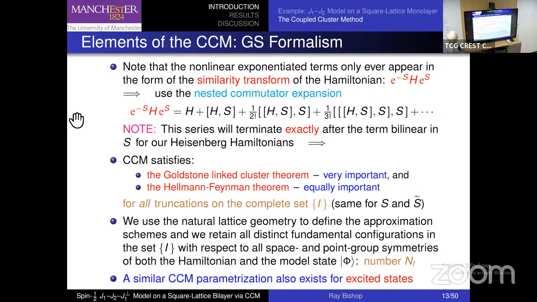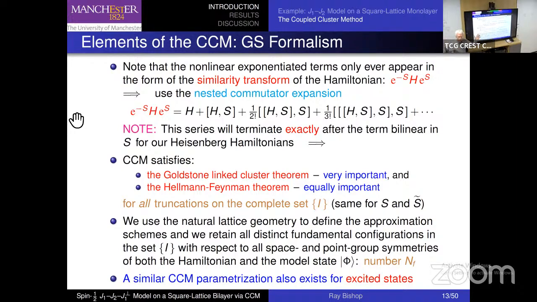Again, a reminder, the coupled cluster method satisfies, not just in the exact framework where you don't throw away any of these configuration indices I, but you choose some, and that's the only approximation we're going to make, is we're going to choose a set of configurations to keep. But at every level, you automatically start with the infinite lattice limit, by contrast to virtually every other method where you have to start with a finite lattice and let it grow to infinity.